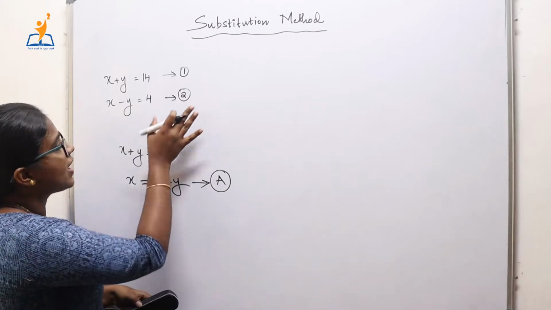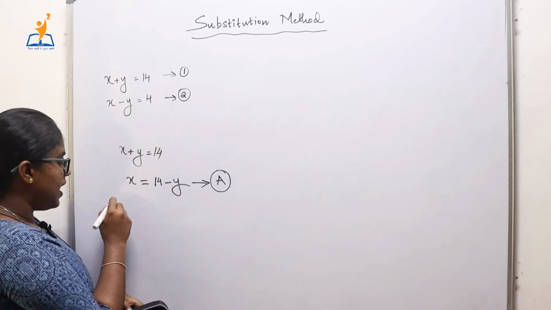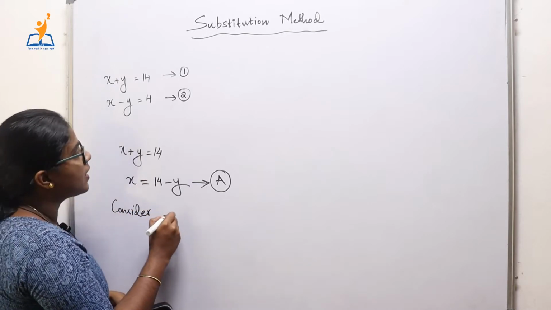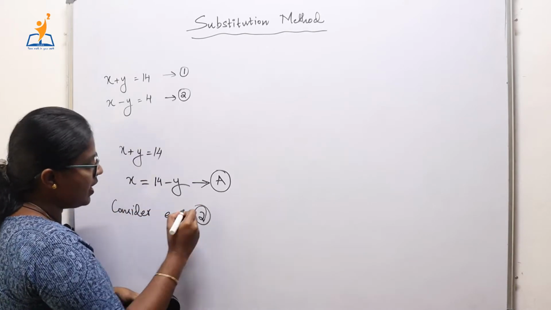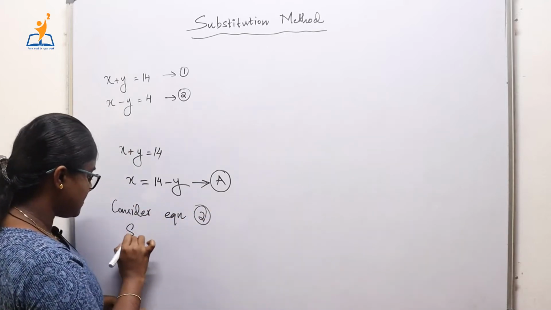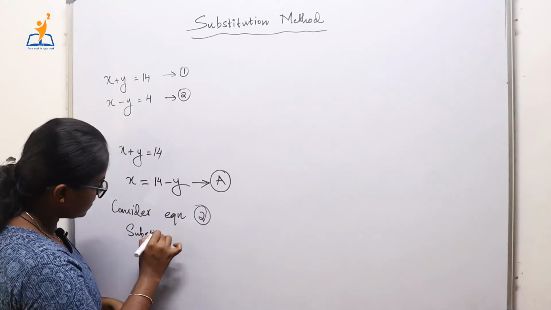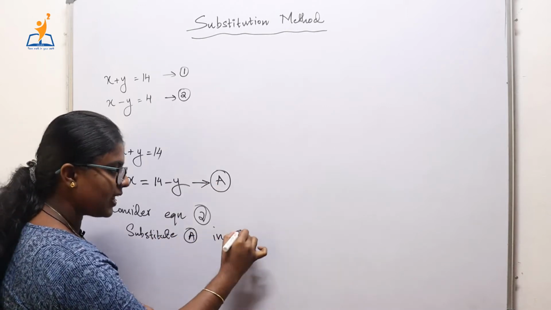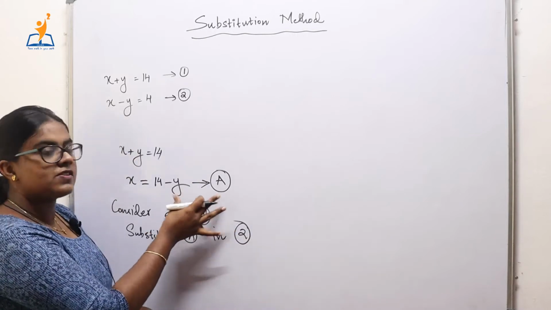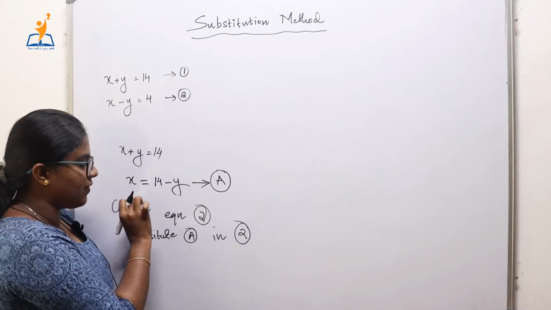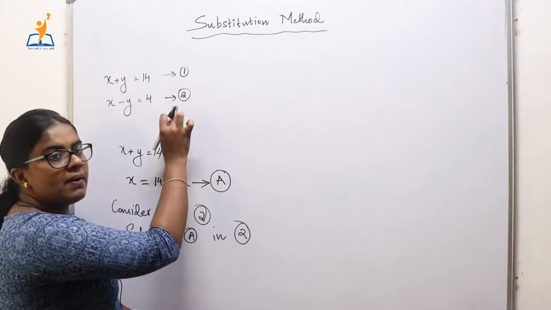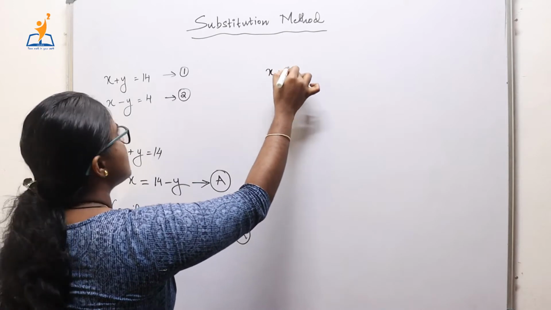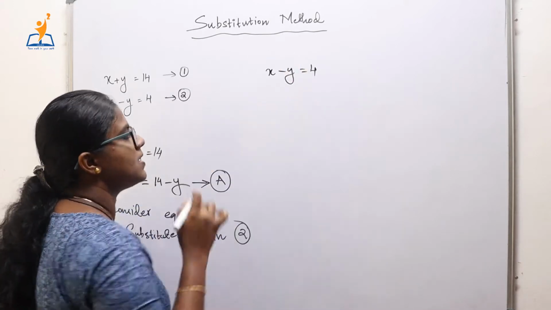Now I am going to consider equation number 2, and I am going to substitute equation A in equation 2. I am going to substitute this value of x in equation number 2. So considering equation number 2, we have x minus y is equal to 4.